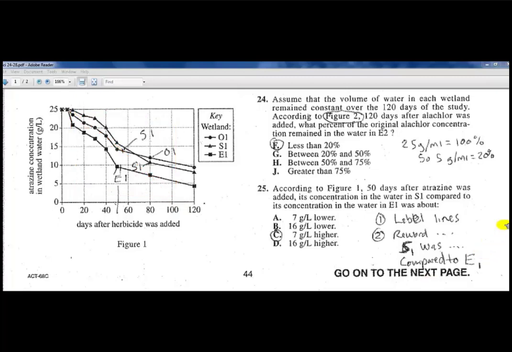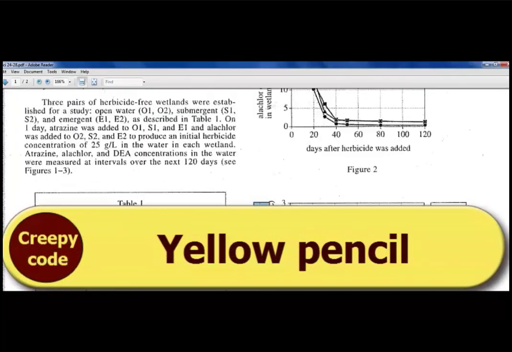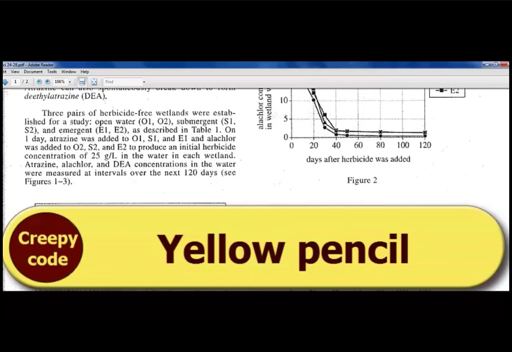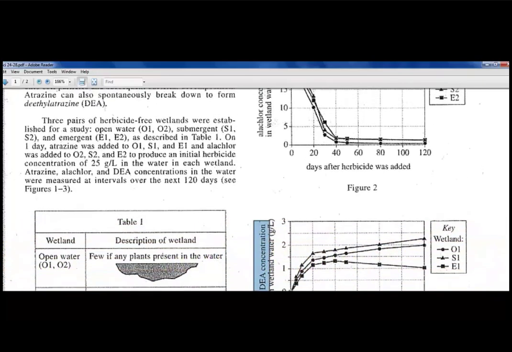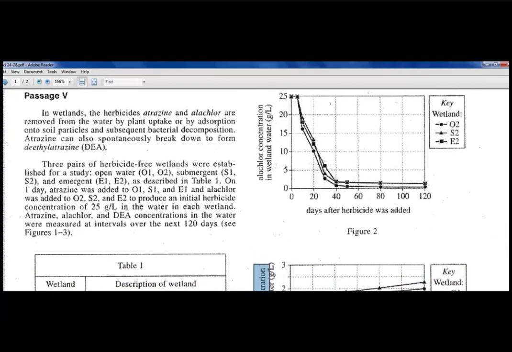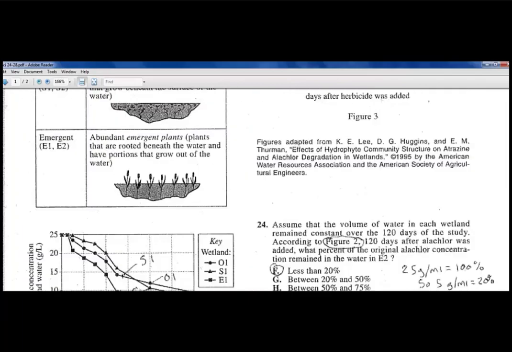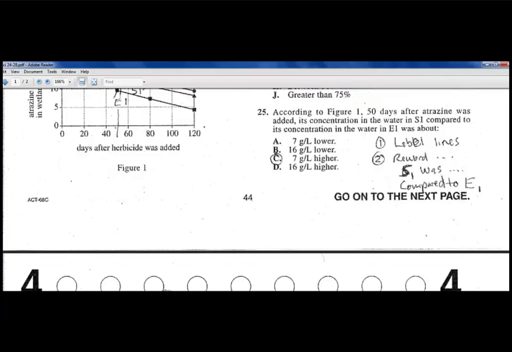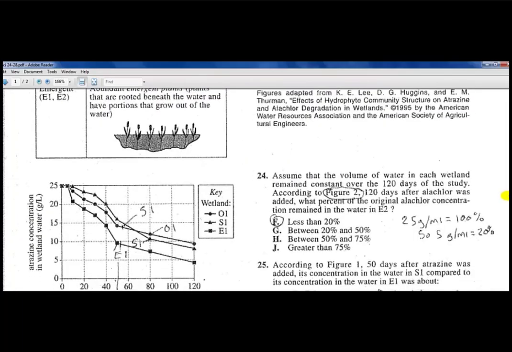So, you know that as you increase the concentration of atrazine, the concentration is going to go up for DEA. If you were to increase the concentration of DEA, the concentration of S1 would go down.